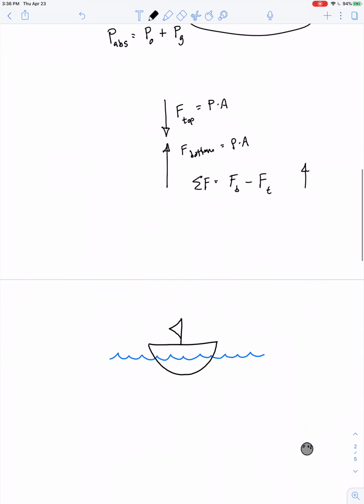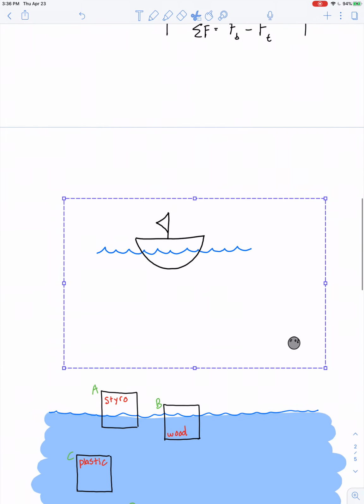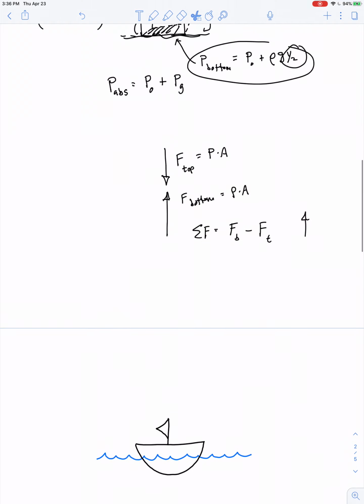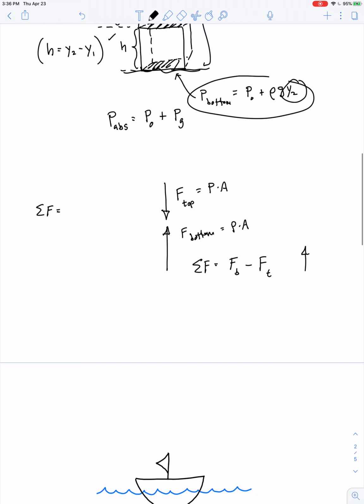So let's see what we have here. Let me clear some space. That means the net force is equal to force at the bottom minus force at the top.